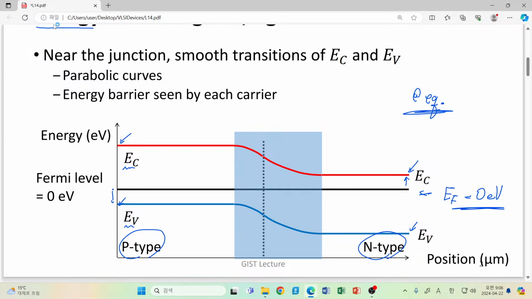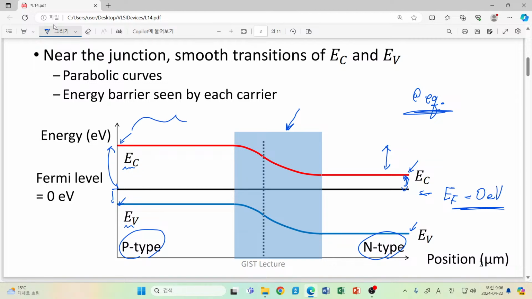So even though we have no idea about the exact shape of the conduction band minimum or valence band maximum, still we can find that there exists certain difference in energy levels. So here we have more energy and less energy from the reference energy, the Fermi level. Up to now we have discussed this part, and after that we have introduced the depletion approximation.